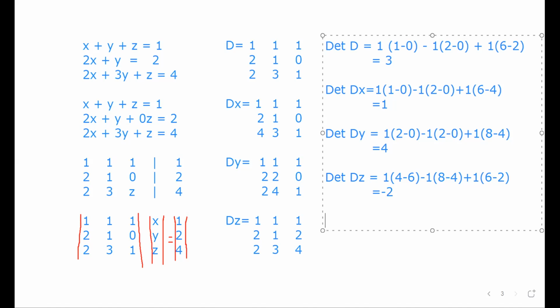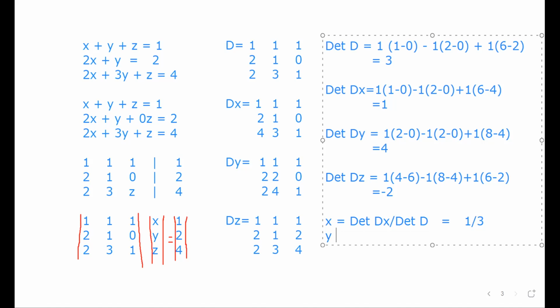Therefore, x is equal to determinant of dx over determinant of d, which is 1 upon 3. Y is equal to determinant of dy over determinant of d, which is 4 by 3.